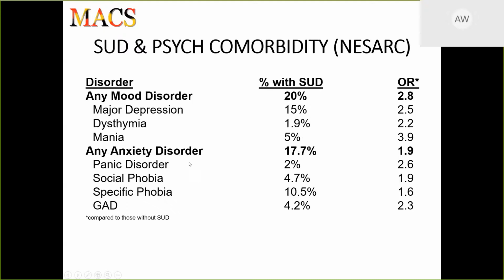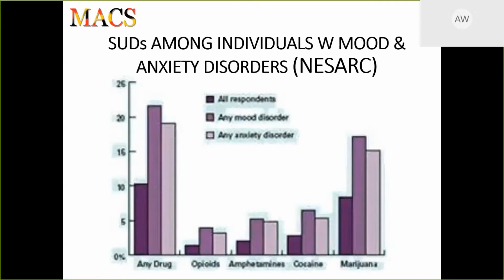Similarly with the anxiety disorders, you see about 17%, with an odds ratio of 1.9, so almost twice as likely. For most of these, you're at least twice as likely to have a substance use problem if you have an anxiety disorder.